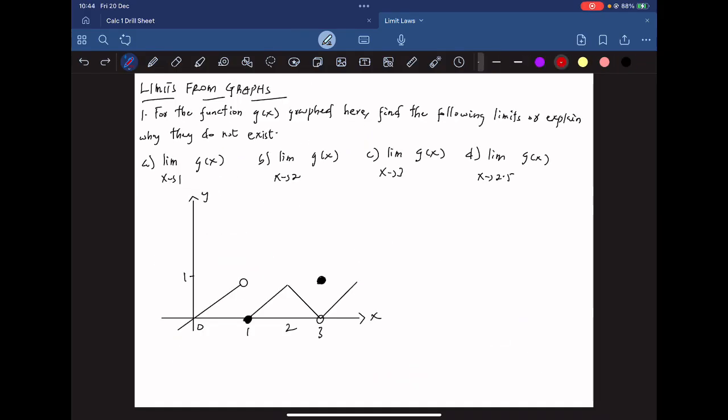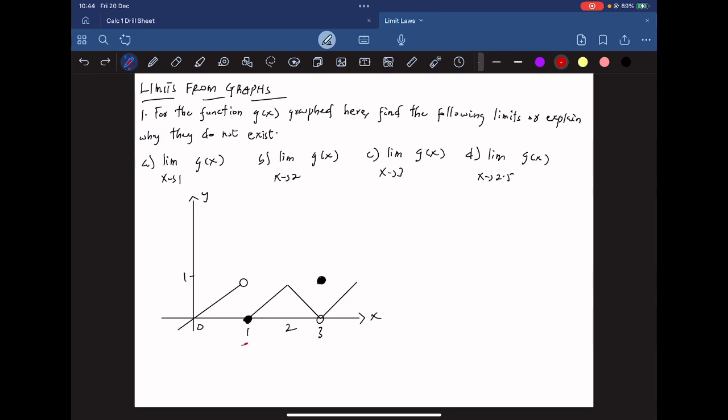Now let's look at limits from graphs. You can have a question like this, where you are told to find A, B, C, and D. Now let's do it together. First of all, we have to find the limit as x approaches 1. The 1 in question is the x component.